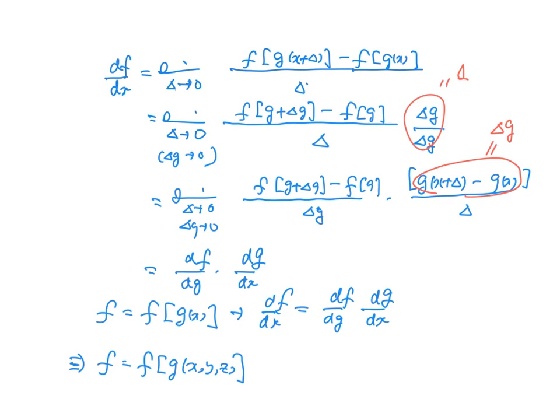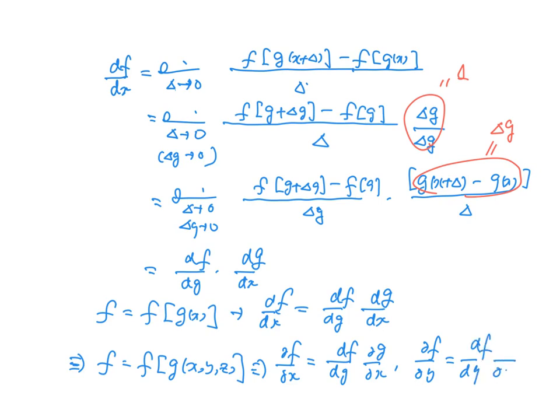Then partial f over partial x is df/dg times partial g over partial x, right? Partial f over partial y is df/dg times partial g over partial y, and partial f over partial z is df/dg times partial g over partial z. This is the generalization.